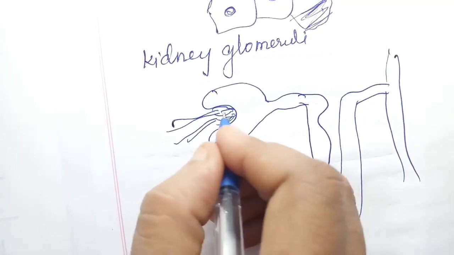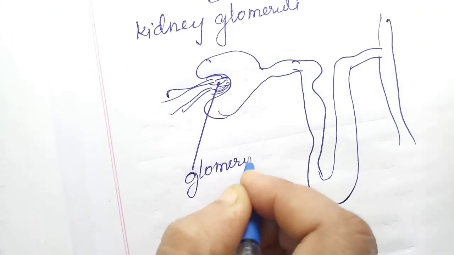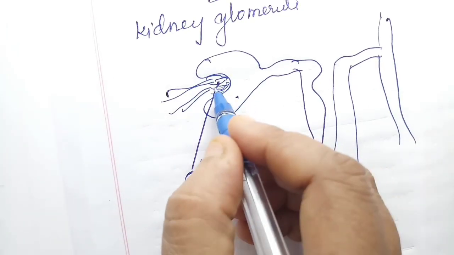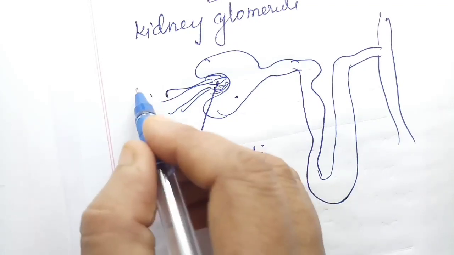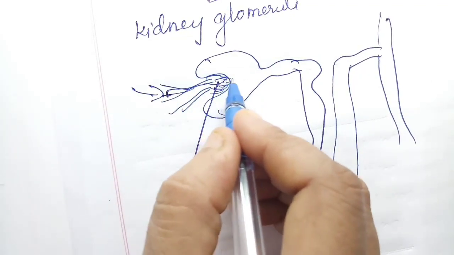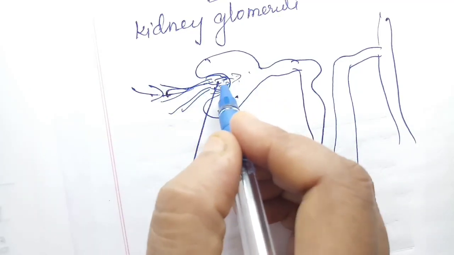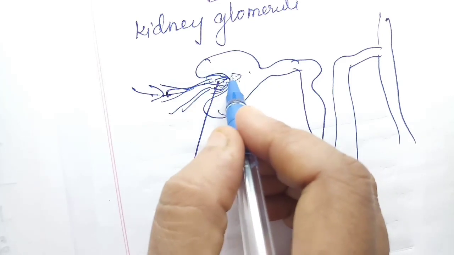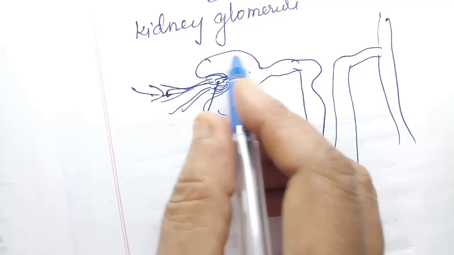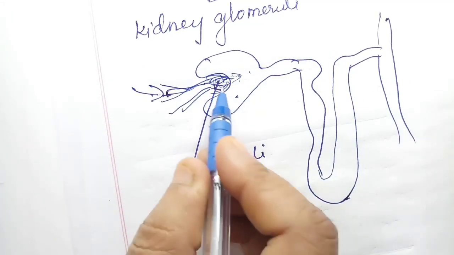This collection of capillaries is called the glomerulus. This is Bowman's capsule and this is the glomerulus. It brings the blood for filtration here. Through the afferent artery, the blood enters the glomerulus, and from here to here the blood will be filtered. The capillaries are called glomeruli.